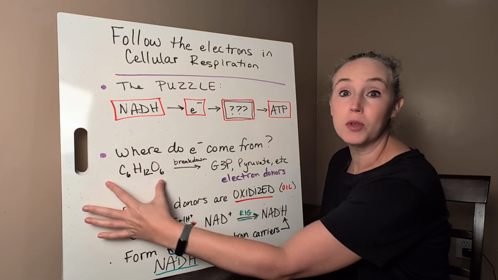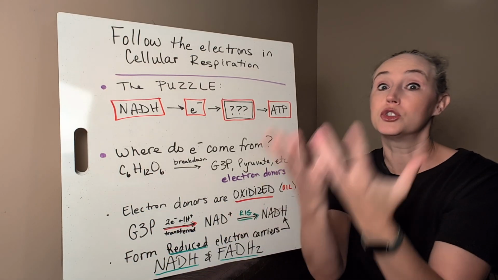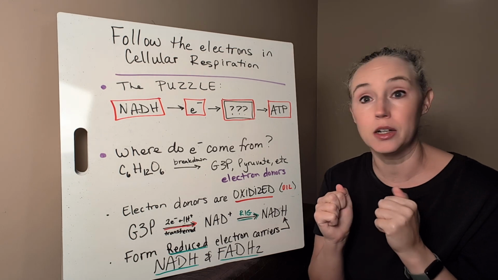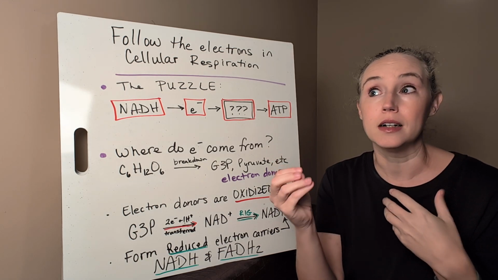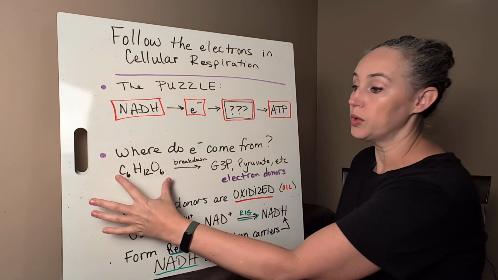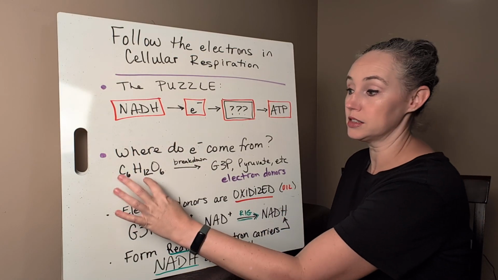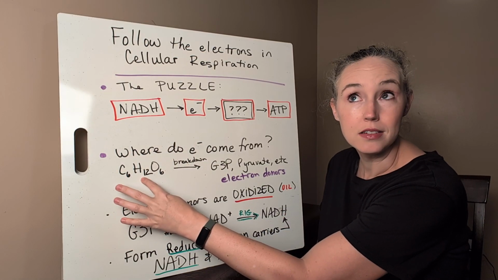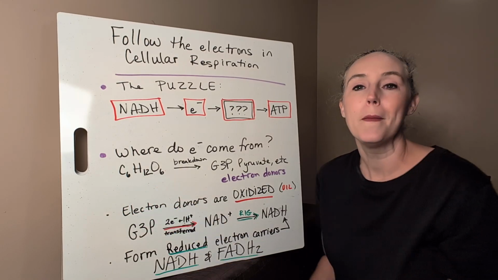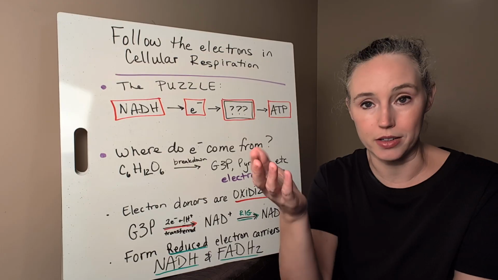Initially, they come from glucose that is either consumed by a consumer, absorbed by a decomposer, or made by an autotroph. The electrons are the negatively charged particle in all these H's right here. But glucose doesn't give electrons directly.